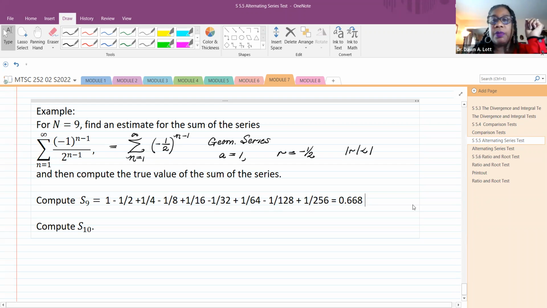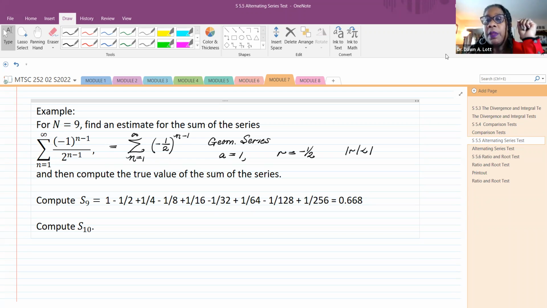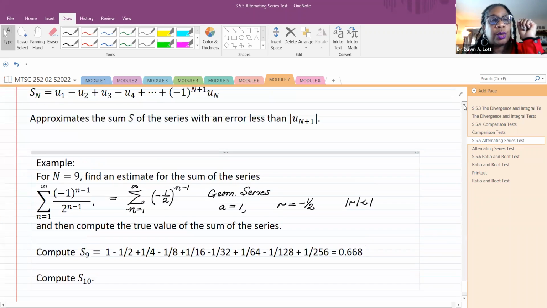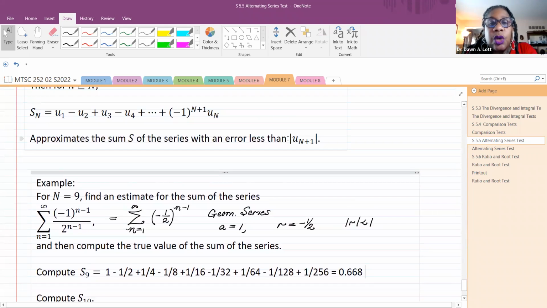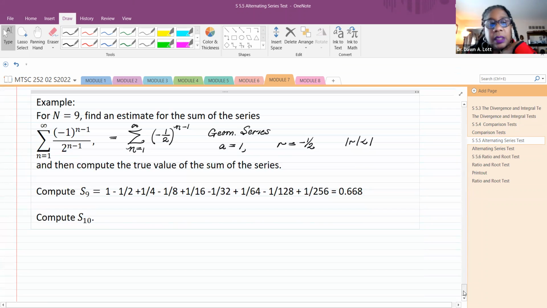Okay, so now the theorem, let's go back. The theorem says compute the next term. So the next term is u(n+1). So I am going to compute u10. I'm sorry, that should say S10. That is wrong. I want to compute u10.